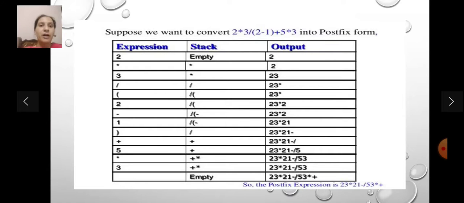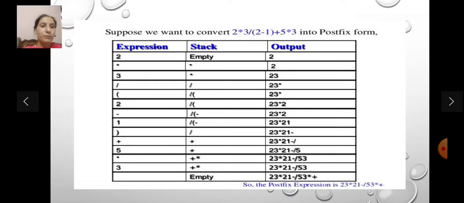When we enter multiply, the push operation is performed, so in the stack we have multiply, and in output we have 2. Then we enter 3, the stack still has multiply, and the output we get is 23. Then we enter the divide sign, and multiplication will be performed.